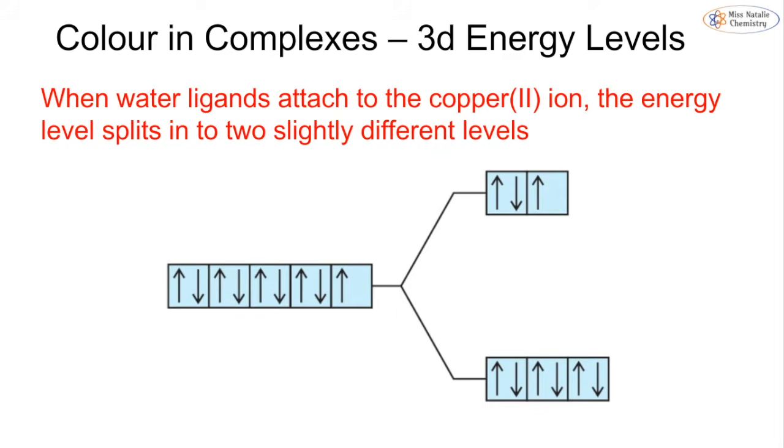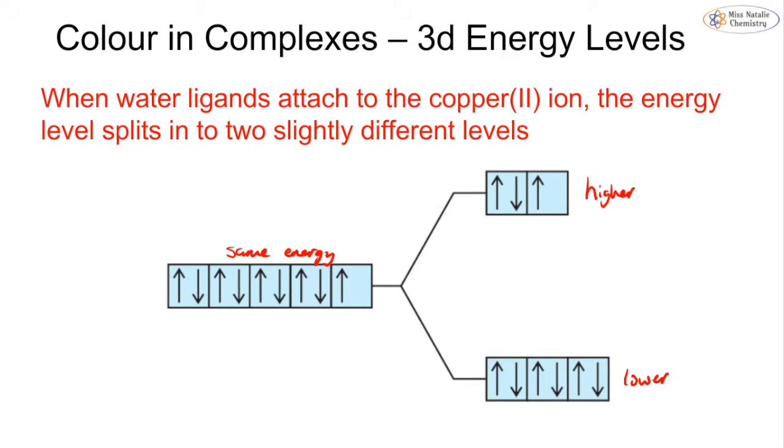When we get our water ligands, or any ligand in particular, but if we use water as the example here, we get them attaching to the copper 2 ion, and when this happens, the energy level splits into 2 different levels with slightly different energies. So rather than them all being the same energy here for all the orbitals, it splits into a slightly higher versus a slightly lower.